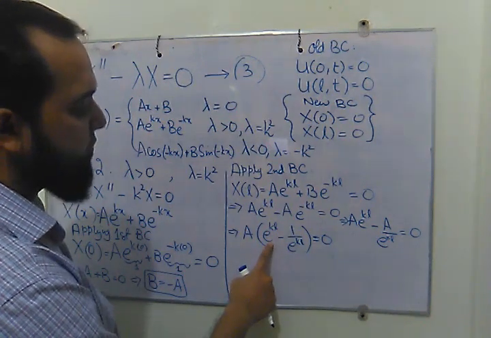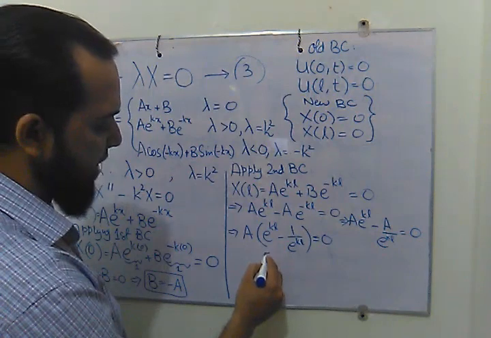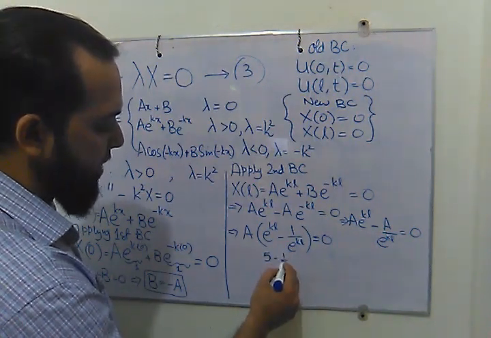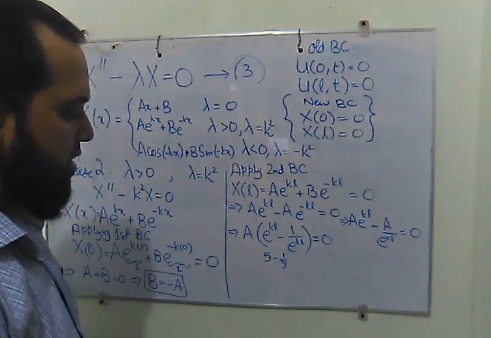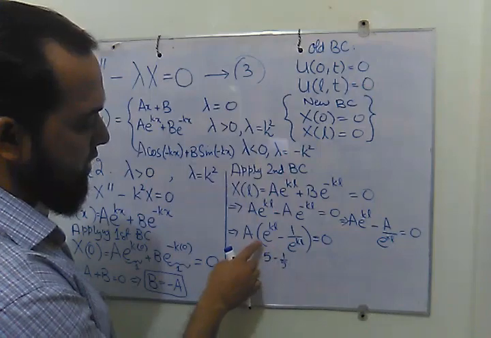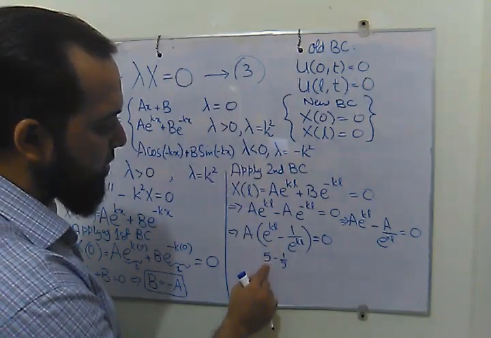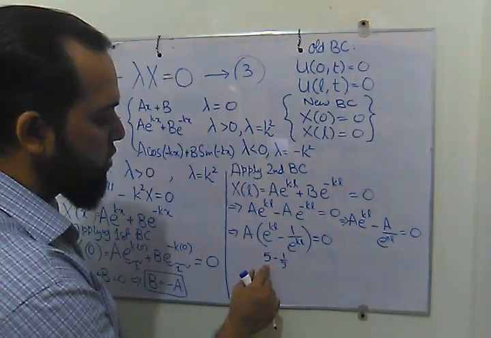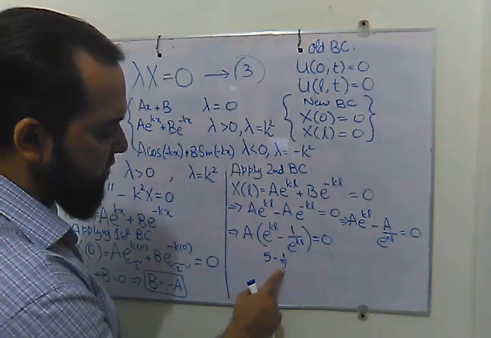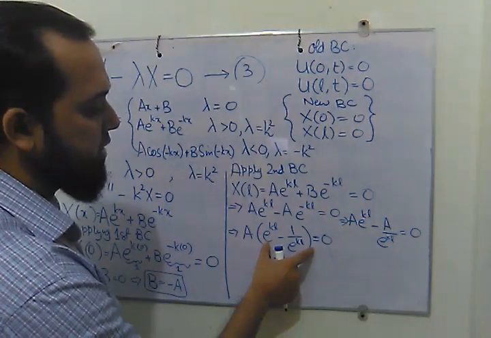For example, if this has some constant value, say 5, then this will become minus 1 upon 5. This term is always less than this term. So if we subtract two positive numbers, this one is bigger, this one is smaller, then this value will always be greater than 0.